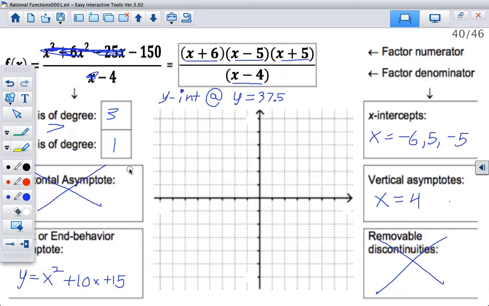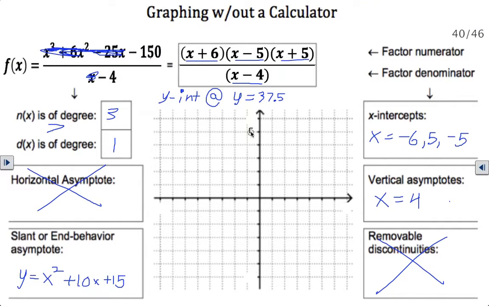All right, so with this one, if my y-intercept is at 37, I need to have at least probably 50. So if I did 10, 20, 30, 40, 50, that would probably give me an accurate graph. So I do a 50 here, which means I have a negative 50 here, negative 10, 20, 30, 40, 50.